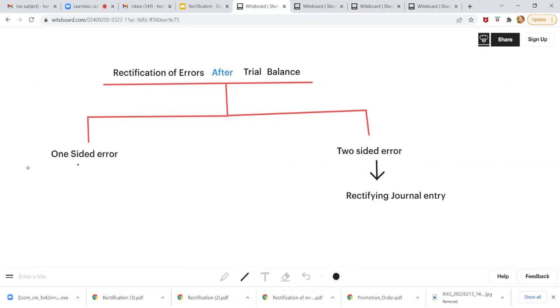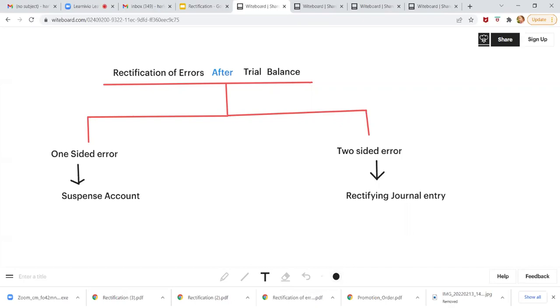So here we will rectify this error by preparing suspense account. Right? In one-sided error, the difference in the trial balance is placed in the trial balance under the head of suspense account.